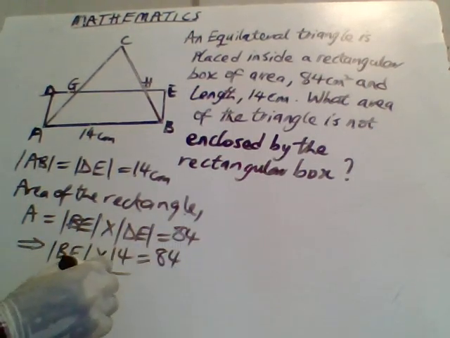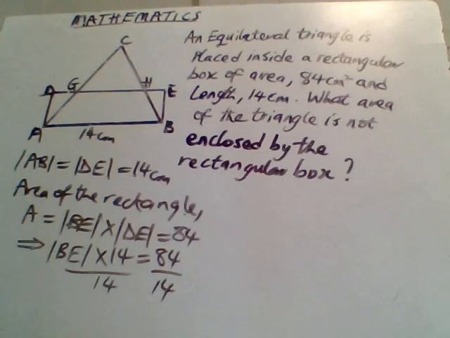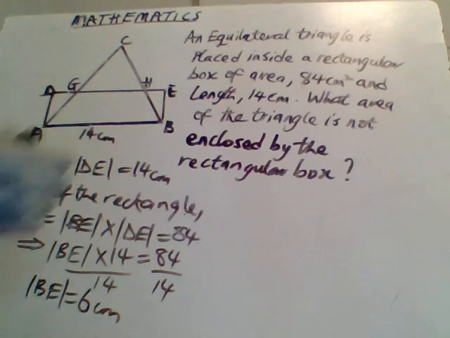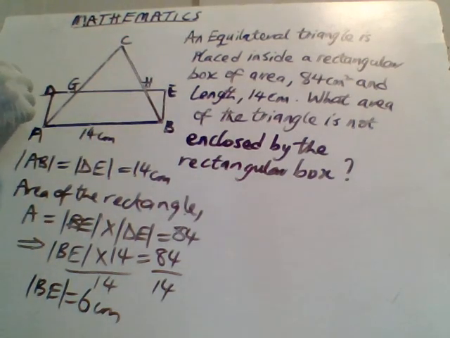So you can divide both sides by 14. When you do that, you have that BE is equal to 6 cm. Here is 6 cm. Here we also have 6 cm.